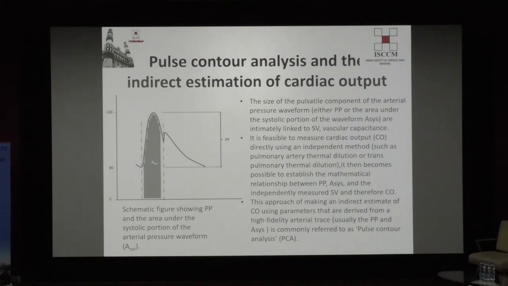It then becomes possible to establish the mathematical relationship between the pulse pressure, area under the systolic waveform, and the independently measured stroke volume, and therefore the cardiac output. This approach of making an indirect estimate of cardiac output using parameters derived from a high fidelity arterial trace is commonly referred to as pulse contour analysis.